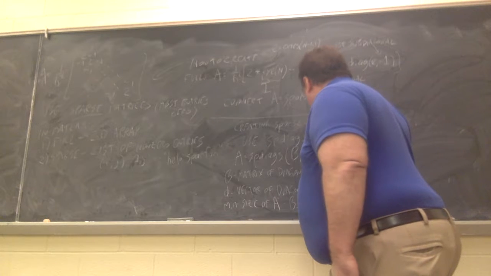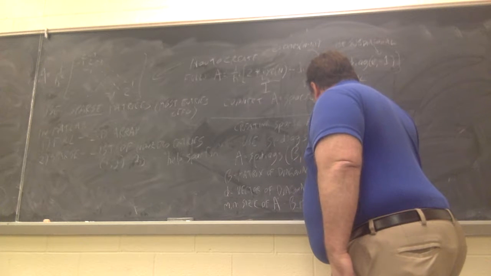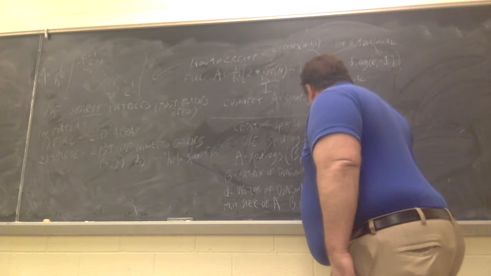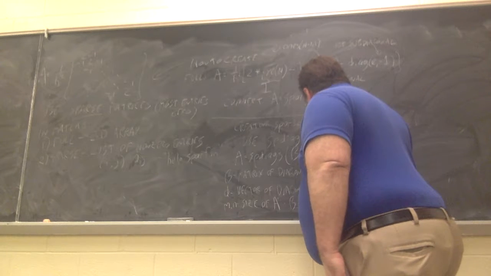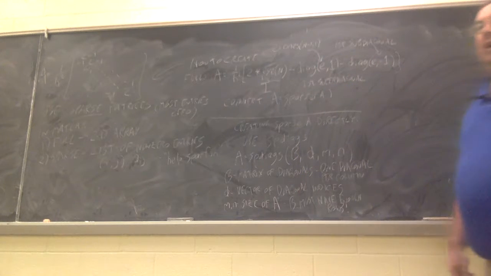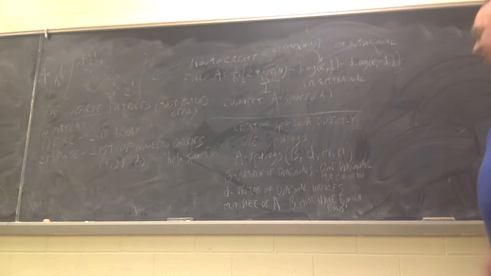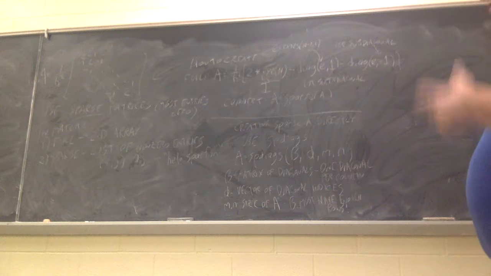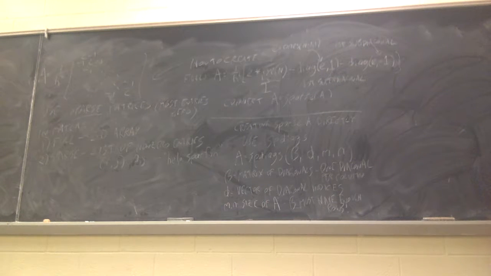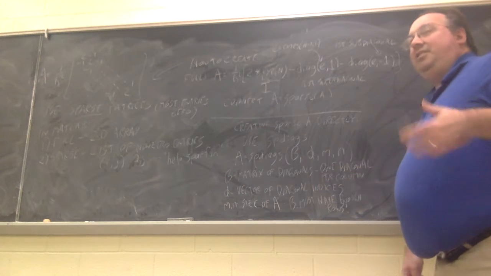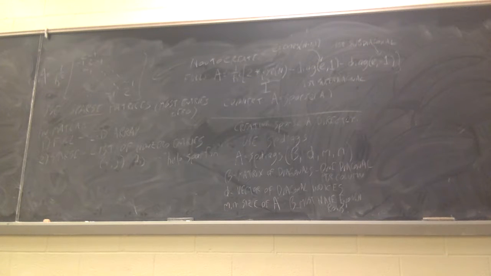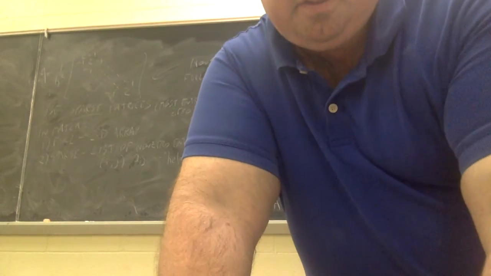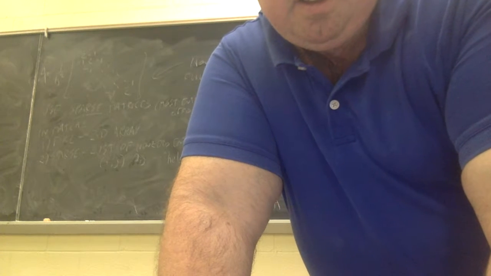But that means that B has to have enough rows. So for example, the main diagonal is going to have, in our case, capital N elements. So B has to have at least capital N rows.